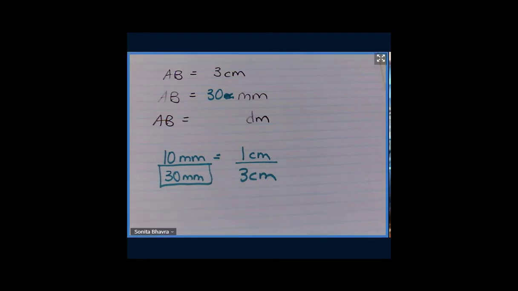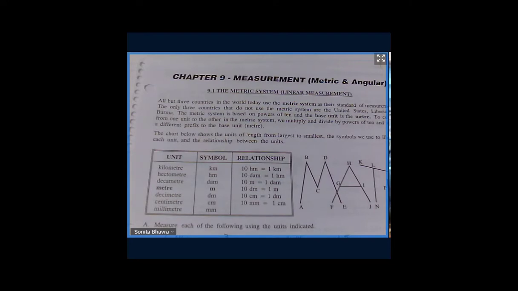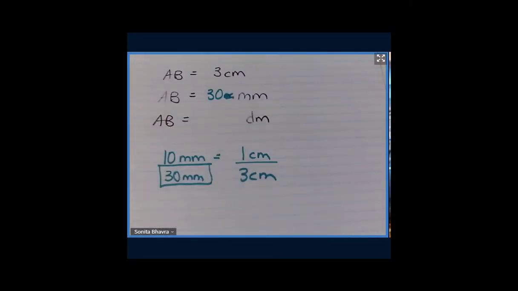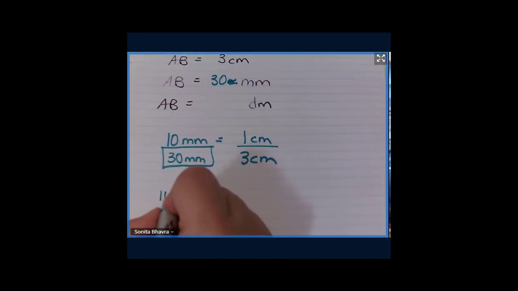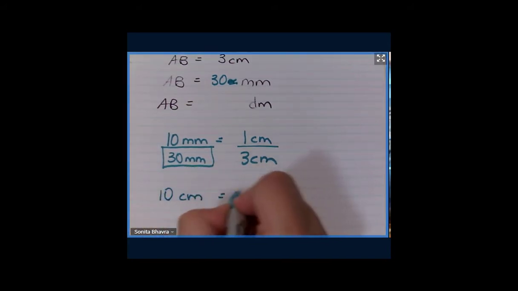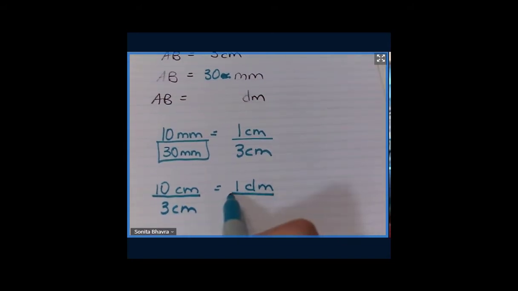So now we're trying to convert it into decimeters. I'm just going to bring my chart over here again, and we can use our conversion that 10 centimeters is equal to 1 decimeter. So I'm just going to set that up. 10 centimeters is equal to 1 decimeter. And we already know that there's 3 centimeters because we measured with our ruler, and we have to figure out how many decimeters that is.